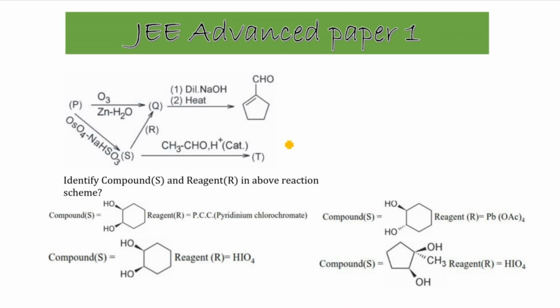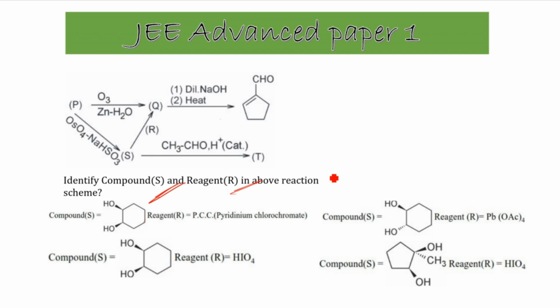Then this question: P is undergoing ozonolysis to produce Q. Q is undergoing dilute NaOH and heat to produce our cyclic aldehyde, and then Q with osmium tetroxide produces S. S with R is giving again Q. Identify the compounds S and R in the above reaction.